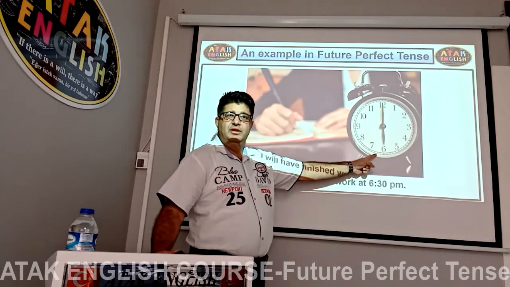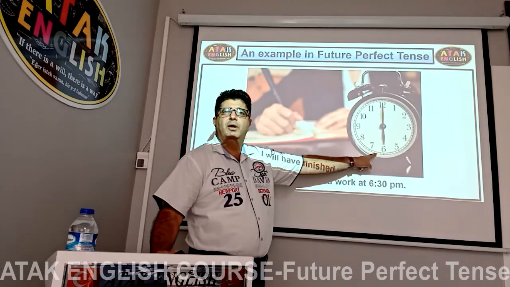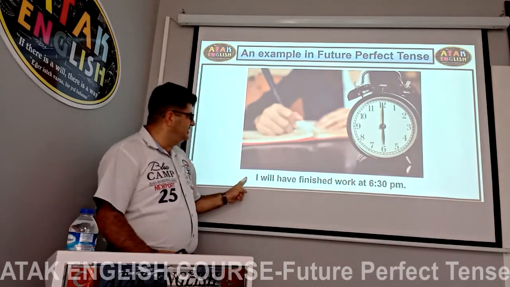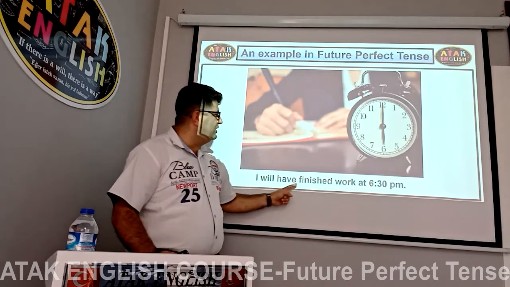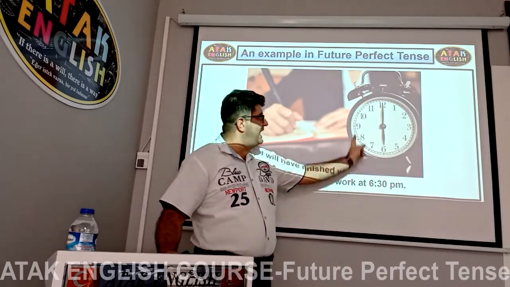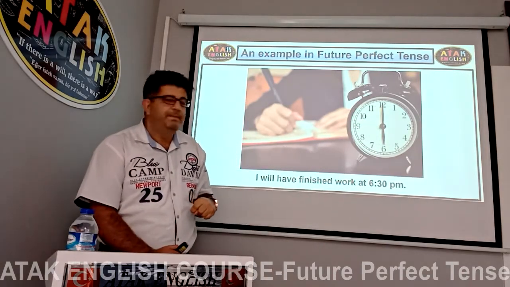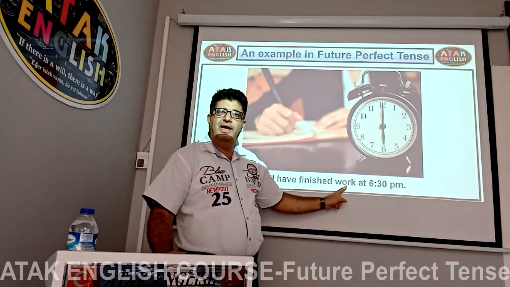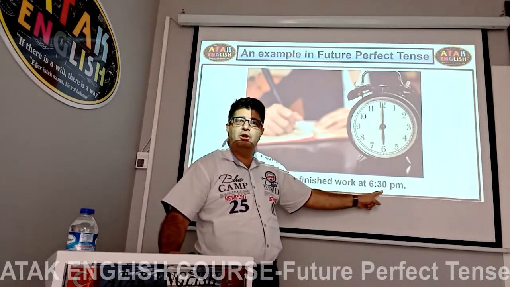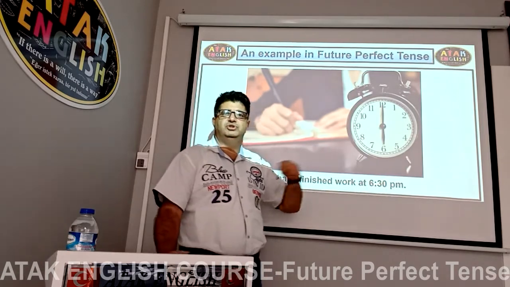6:30 is a future time. Why? Because it's 6 o'clock sharp now. Okay? Saying this sentence for a future action, I will have finished work at 6:30. A completed action before a certain time in the future.